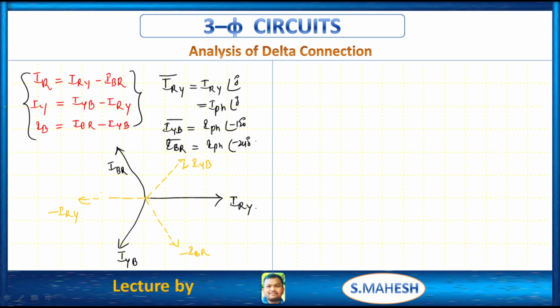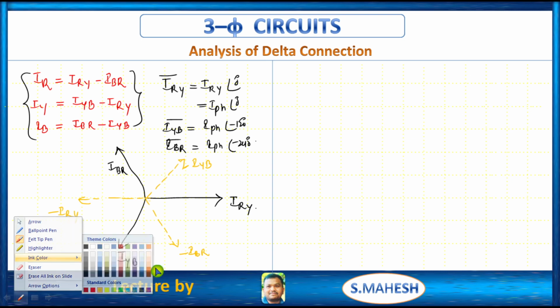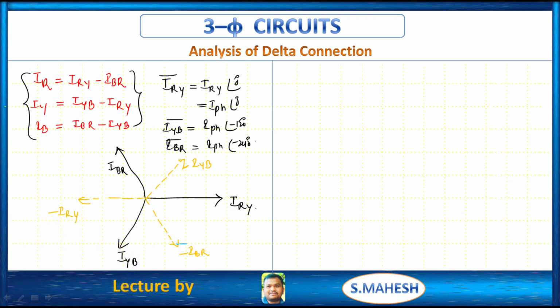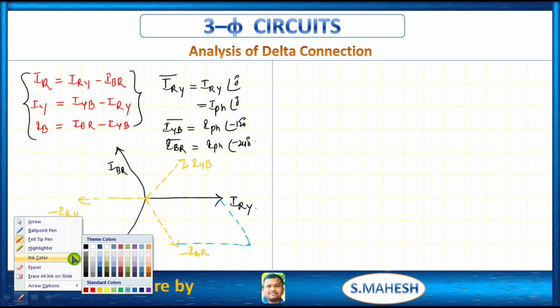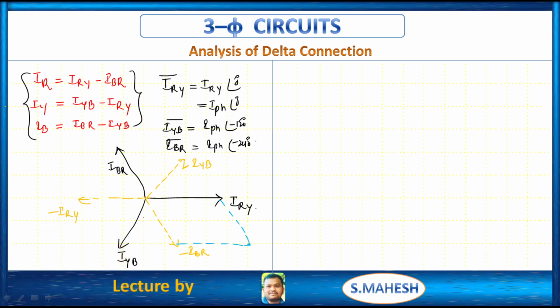We have all. So therefore, to get this IR, IRY minus IBR, so we have minus IBR, like this. So like this we have to get. So at this point we can have the resultant of this IRY and minus IBR, right?